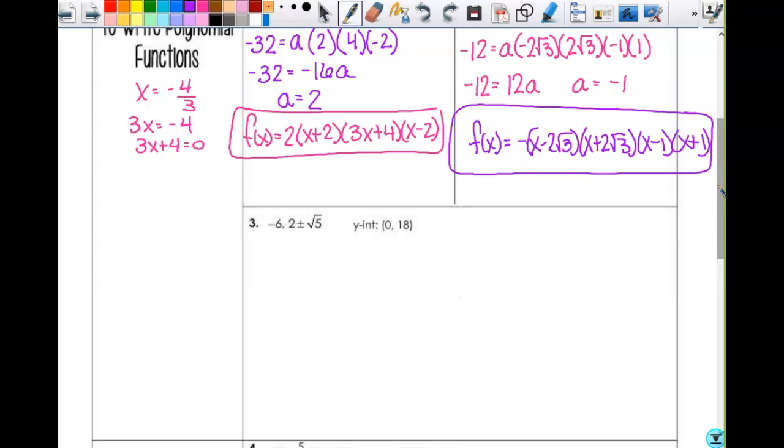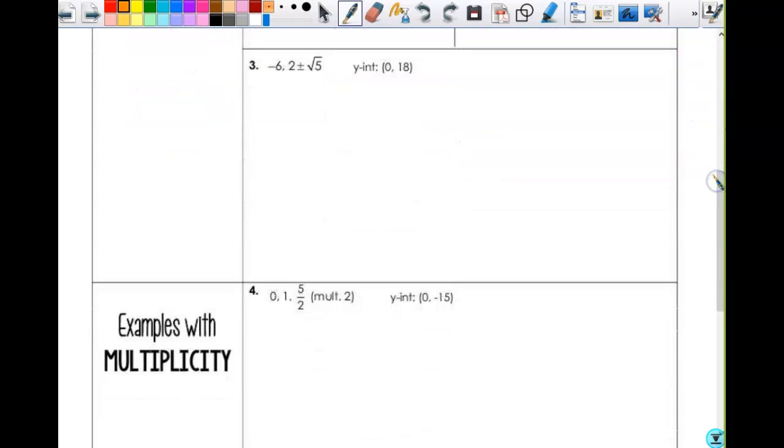All right, so let's look at number 3. On number 3, I've got my y-intercept, which is 0, 18, so that means f of 0 equals 18. So when I substitute this in, f of x equals a times, so x minus a negative 6 is x plus 6.